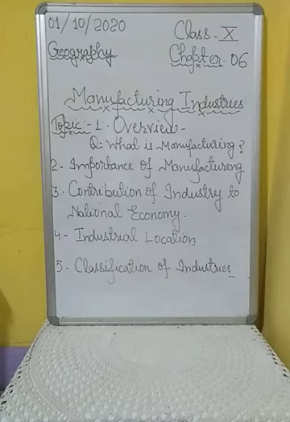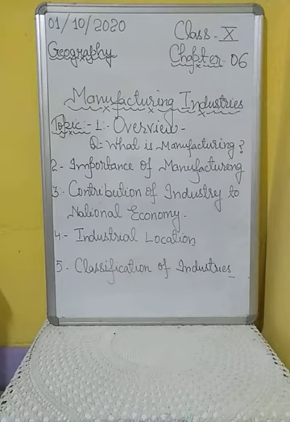Okay? After that, next one is on the basis of their main role. So there are two types of industries. Number one is basic industries and number two is consumer industries.